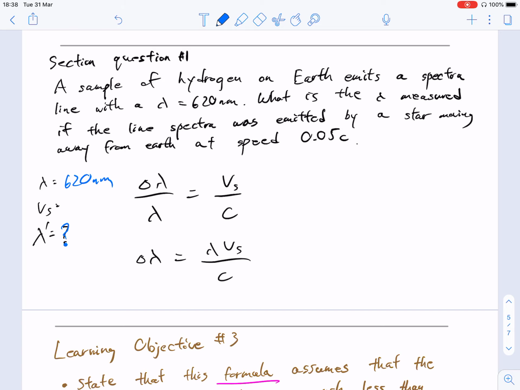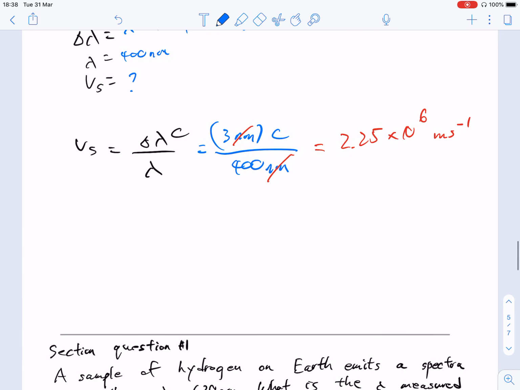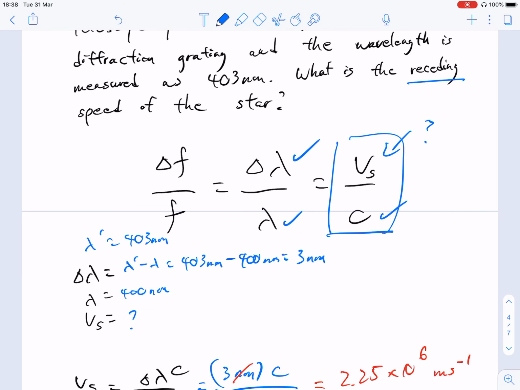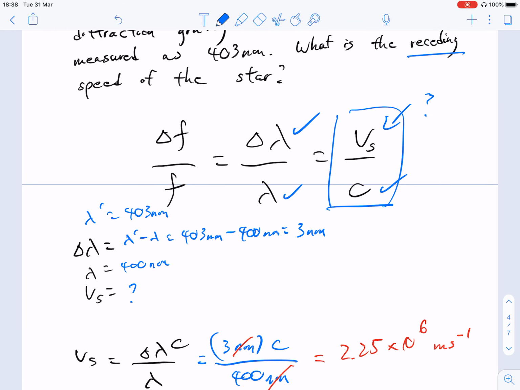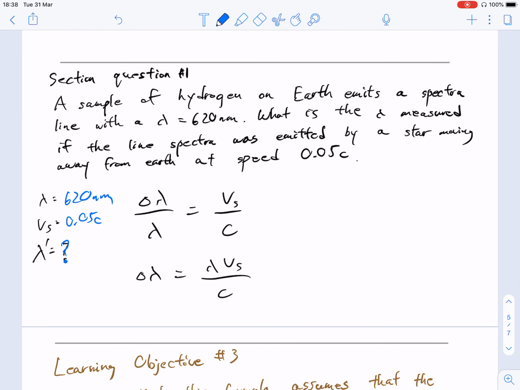And the speed is 5%, not 50%, 5% of the speed of light is how fast the object is moving. I've already done the formula rearrangement here, so we just select the sections that we've got. We've got wavelength, so we grab this section, and we're looking for the speed, so we grab the speed section.